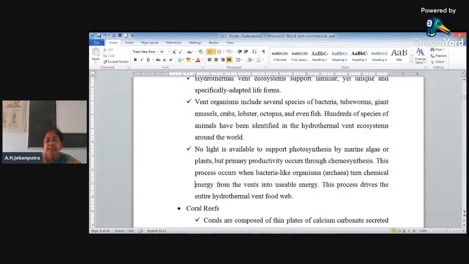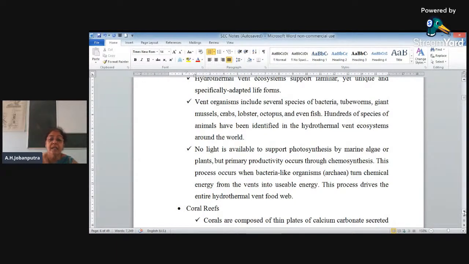Photosynthesis happens in the presence of light; chemosynthesis happens in the presence of certain chemical compounds. This process requires archaea type of organisms which can convert chemical energy into some usable form of energy.